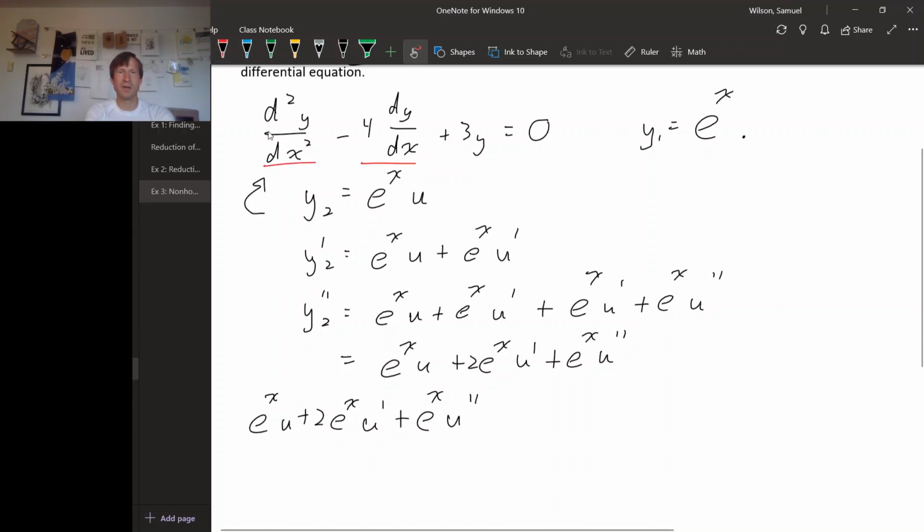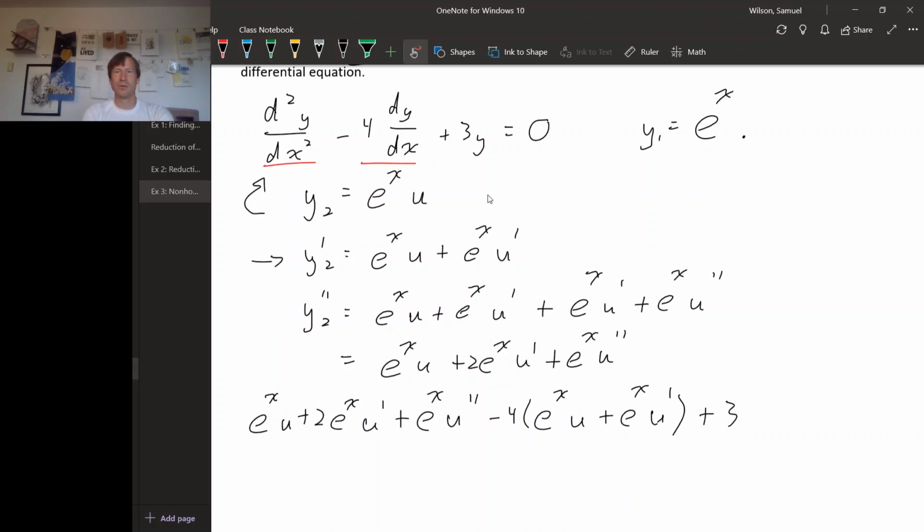Now for the second term, minus 4 times y2 prime, e to the x times u plus e to the x times u prime, plus 3 times y sub 2, so that's e to the x times u. And this is all supposed to be equal to 0. Now something that I notice here is that everything has a factor of e to the x. So if we divide every term by e to the x on both sides of the equation, all of these e to the x's are gone. So let's do that now just to simplify things.